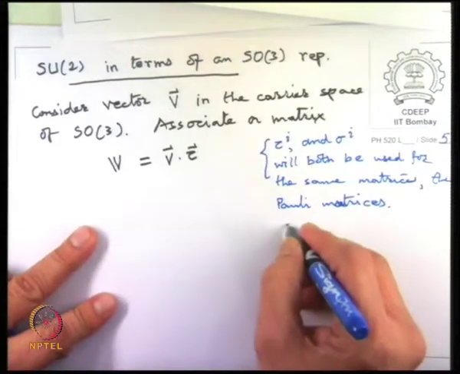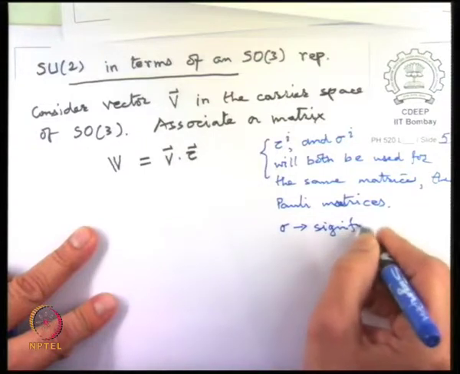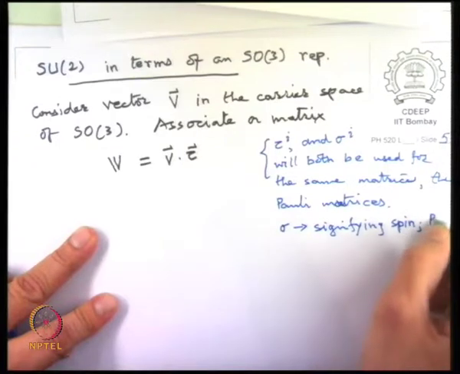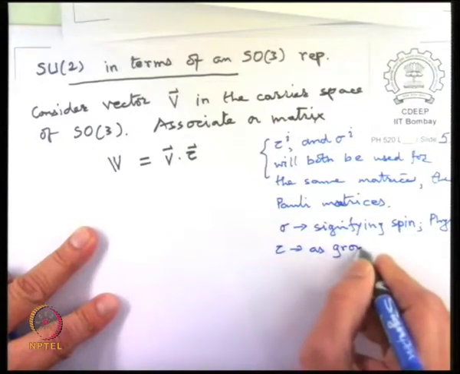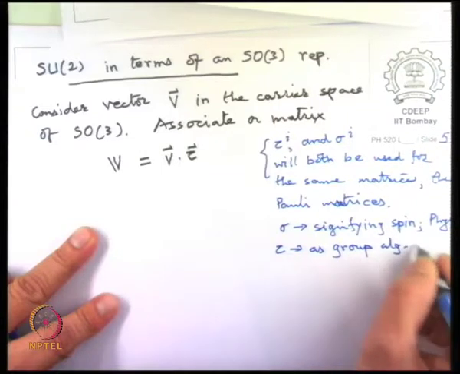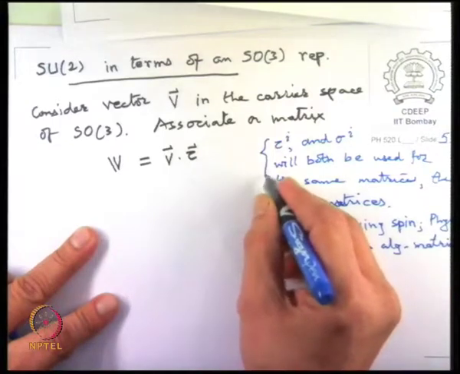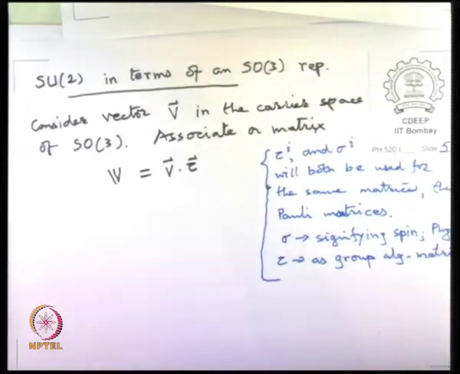Sigma, if it has to signify spin, in physics; tau in group theory. At least that is the convention in my mind, and you will find that it is roughly true in many books. So they are the same matrices, just that we call them tau 1, tau 2, tau 3.